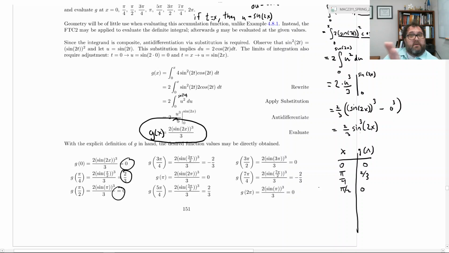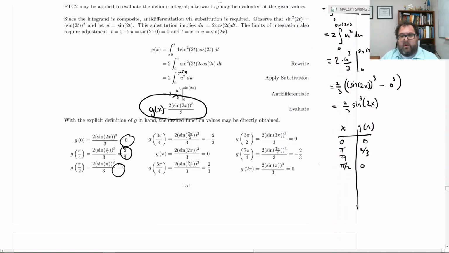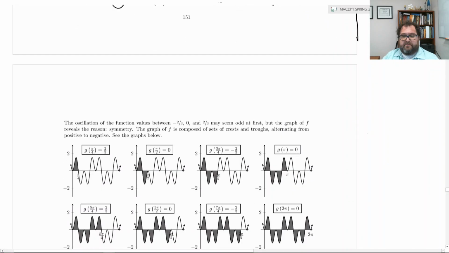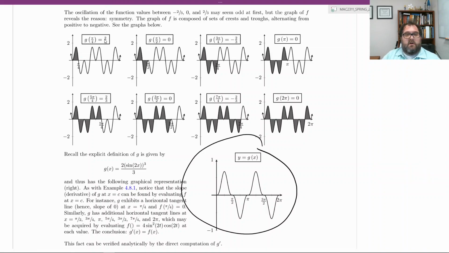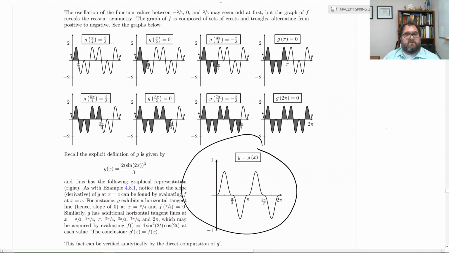So imagine I do that for all 9 values, but even more than that, I do that for all real numbers, which of course a computer will do for you. That's what graphing software does for you, essentially. So I do that for all real numbers, and what I get is this graph. By the way, here's a graphical representation of each of those accumulation values.